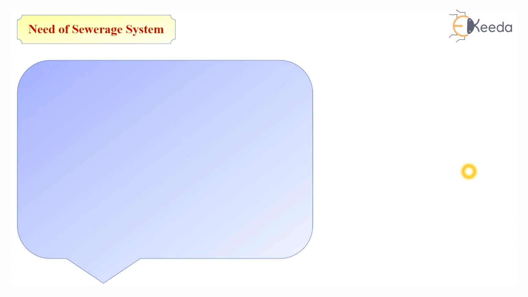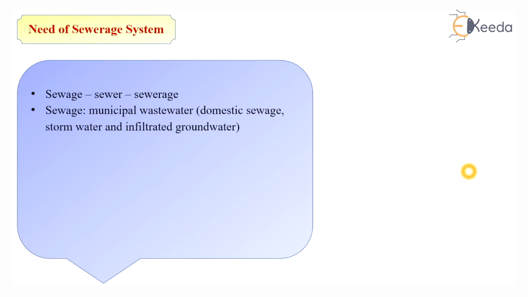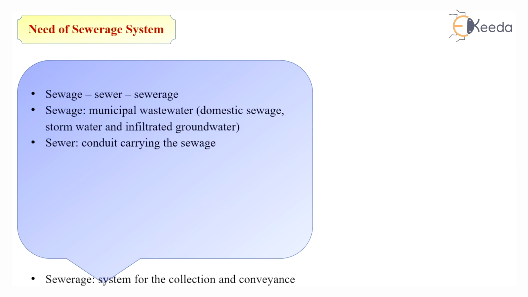Need of sewerage system. So what is a sewerage system? A sewerage system is the combination of sewage, sewer and sewerage system or pipe network. As we discussed in the previous slide, sewage is the municipal wastewater in terms of domestic sewage, storm water and infiltrated groundwater. A sewer is a closed pipe or conduit carrying the sewage.